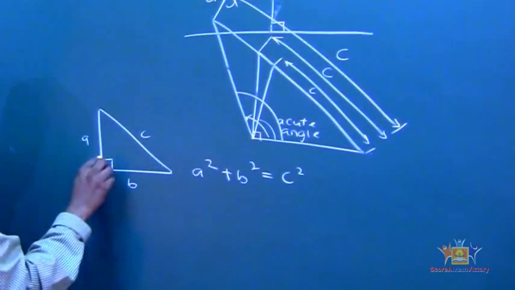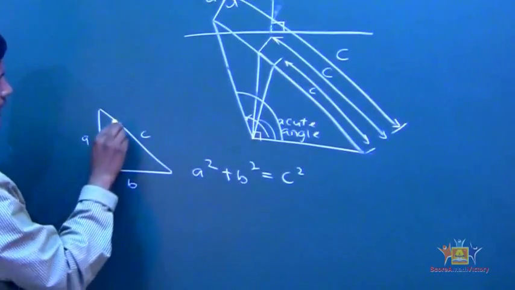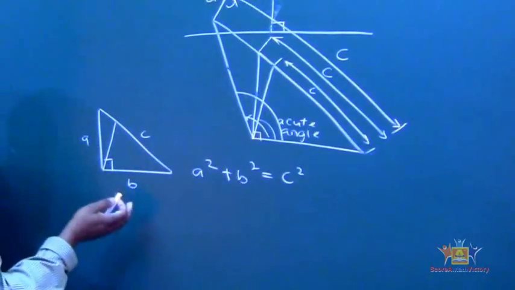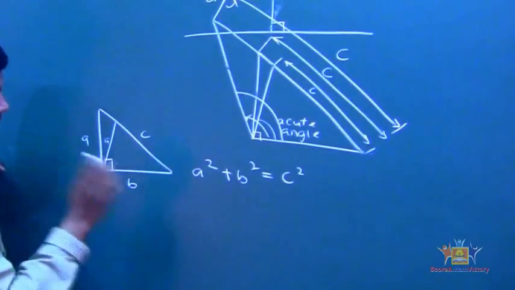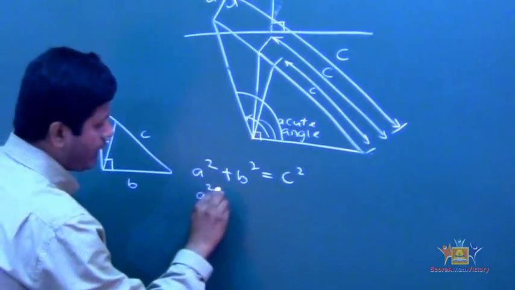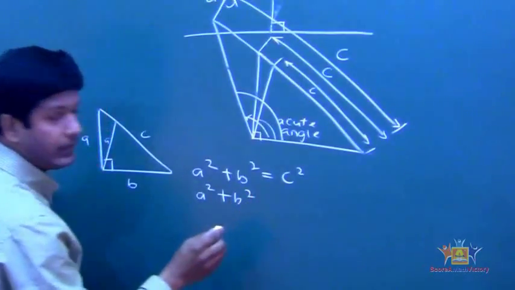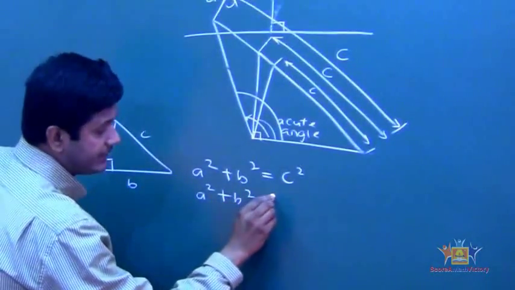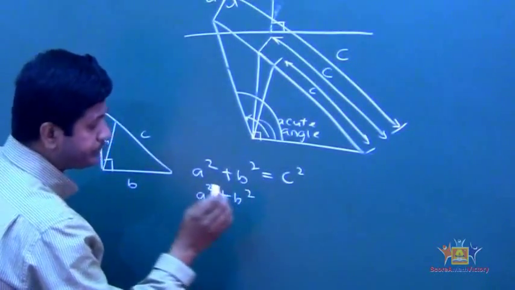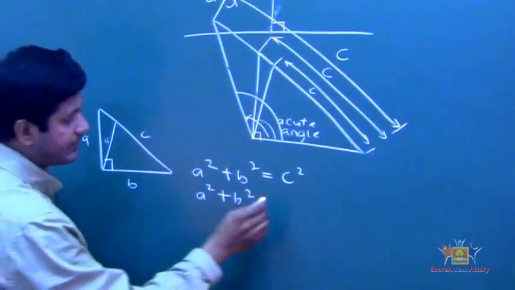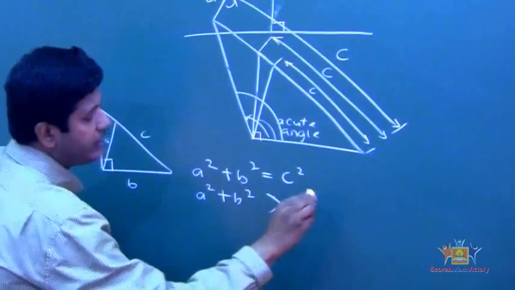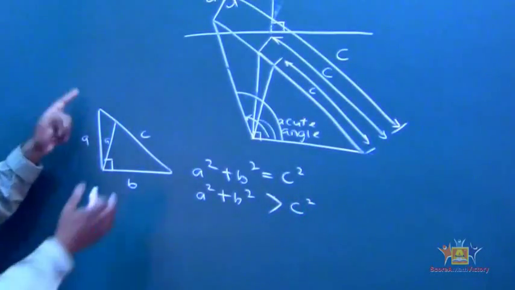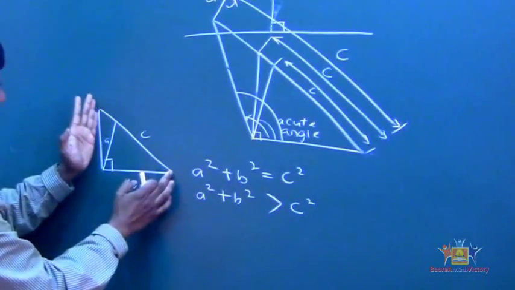Now what happens when the angle gets smaller? Now A is right there, B is right there, and C is right there. That means A squared plus B squared stays the same but C becomes less. So A squared plus B squared becomes greater than C squared, because before this was equal.